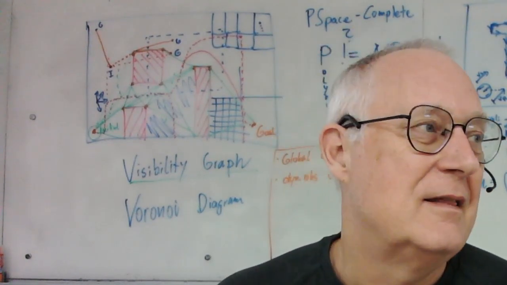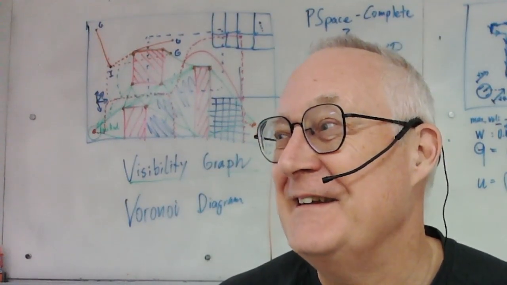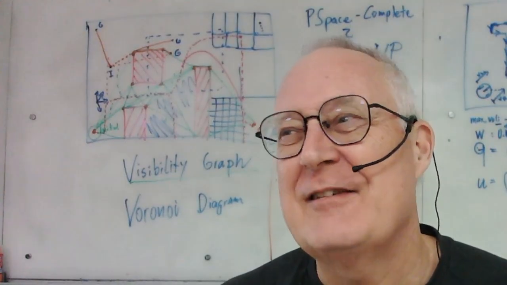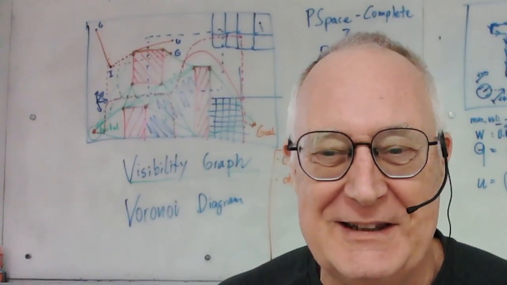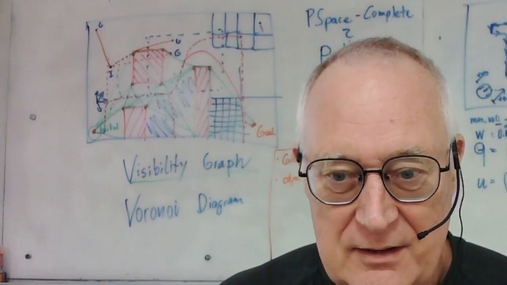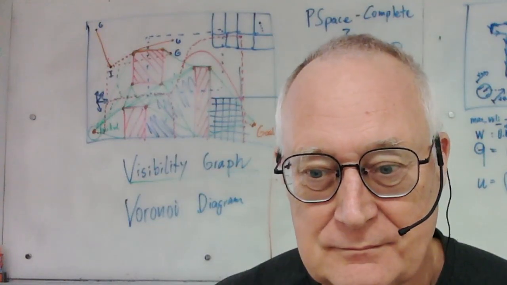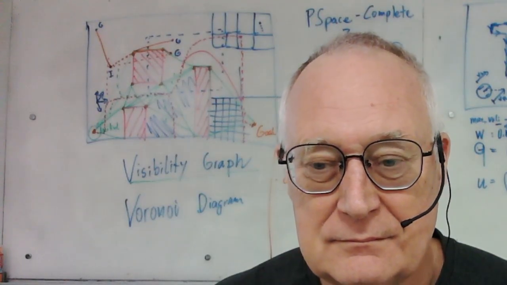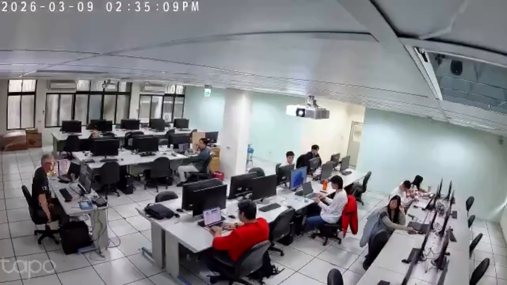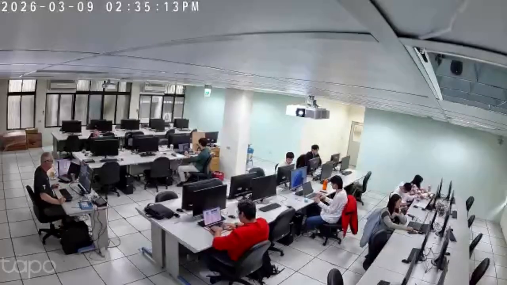Oh yes, the problem with Big Blue Button is anybody can terminate the meeting at any time. So if somebody clicks on the wrong button, boom, we're out. Okay, let's try this.